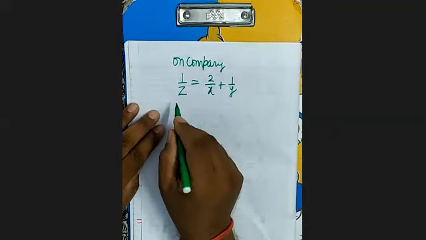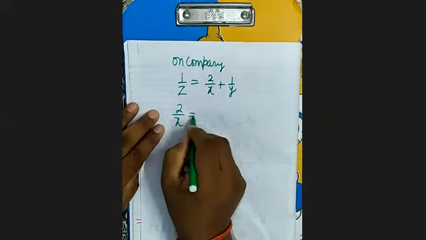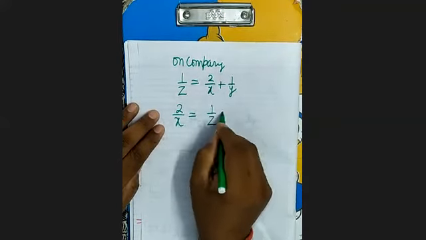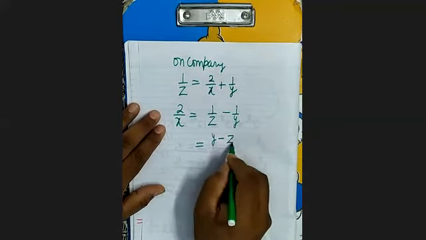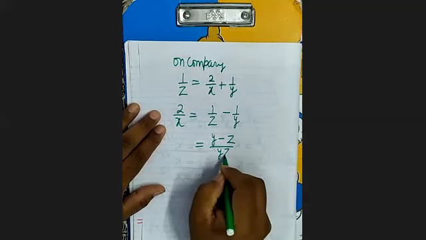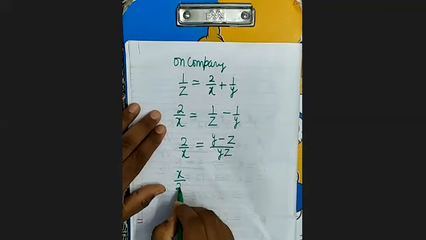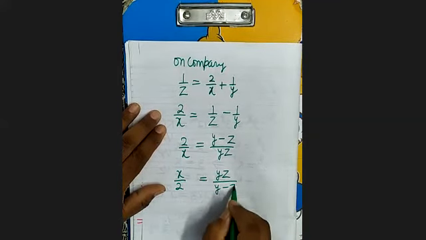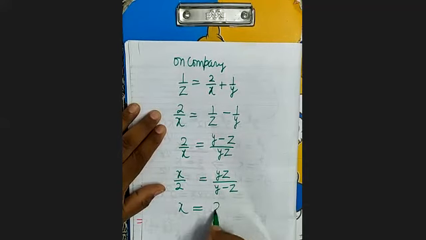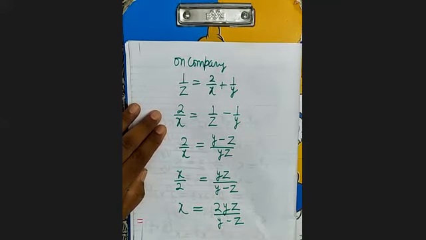So you can write 1 upon z equals y minus z upon yz... so x upon 2 equals yz upon y minus z, so x equals 2yz upon y minus z. Hence proved.